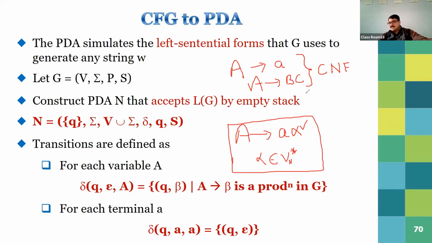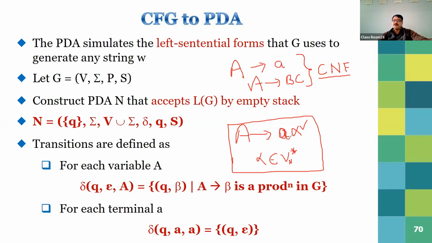If you see the Chomsky normal form, the length is restricted because only two variables are allowed. But in this case, the length of variables is not restricted. You can use any number of variables on the right hand side, but the restriction is that initially you must have the terminal.